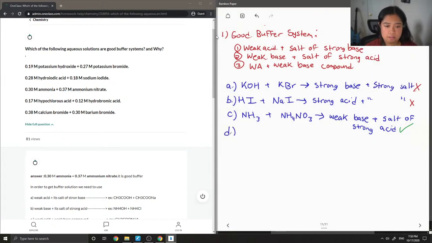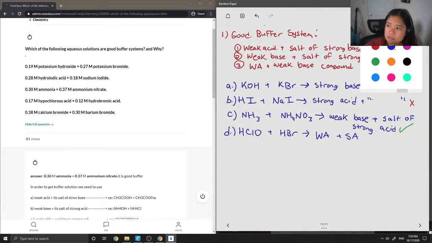Let's look at our other options anyways. You have hypochlorous acid plus hydrobromic acid. They're both acids, but the first one is a weak acid and this is a strong acid. So we can't use this as a buffer system.